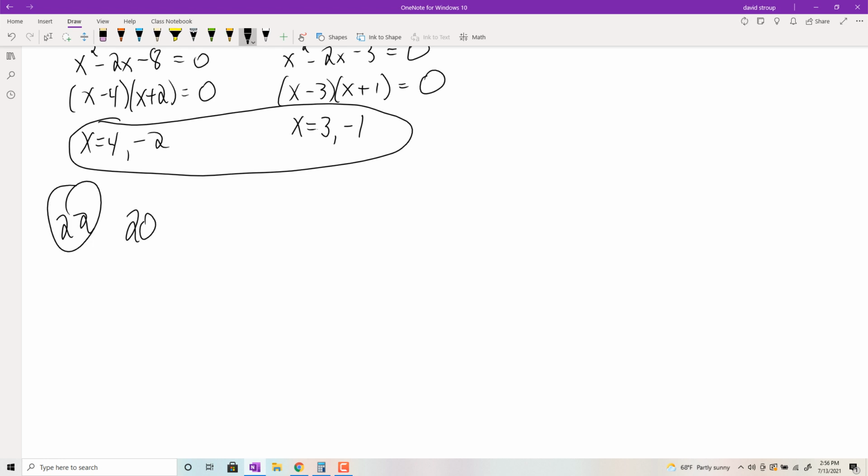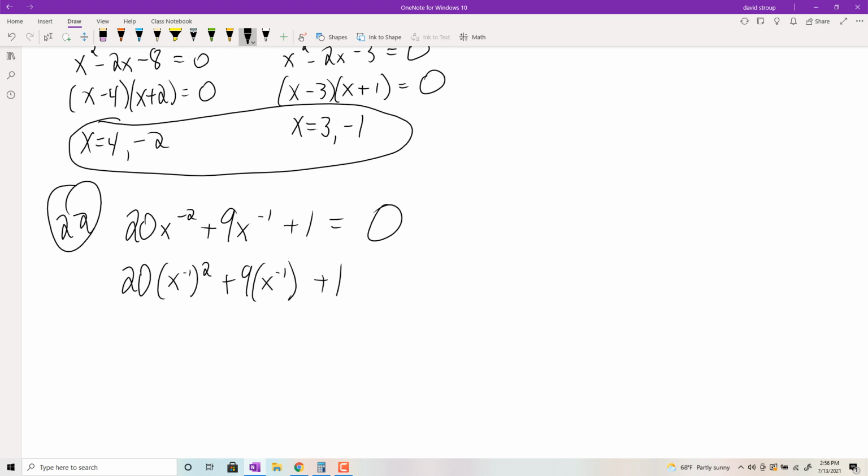So I have 20x to the -2 plus 9x to the -1 plus 1 is 0. So this time it's the x to the negative 1. So you could rewrite it as 20 x to the negative 1 squared plus 9 times x to the negative 1 plus 1 equals 0.